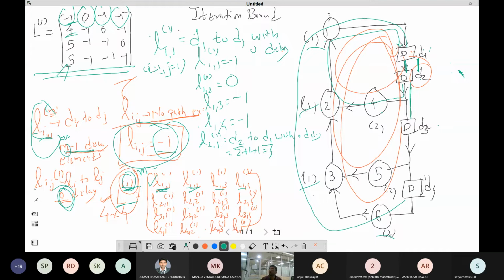Okay. So our problem is actually not even half done. It is only done 20%, because this is just for L1. We need to construct L2, L3, L4. So let's see now for L2.